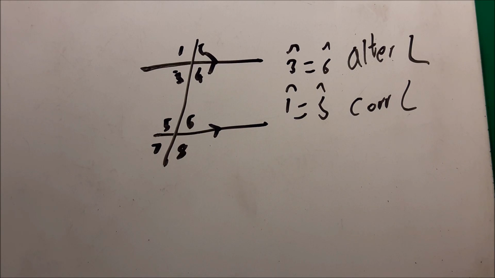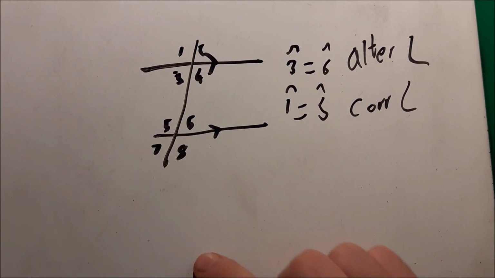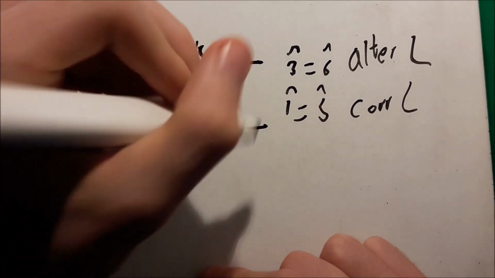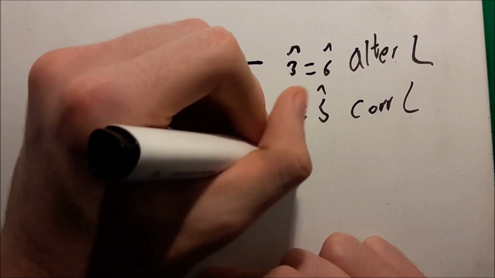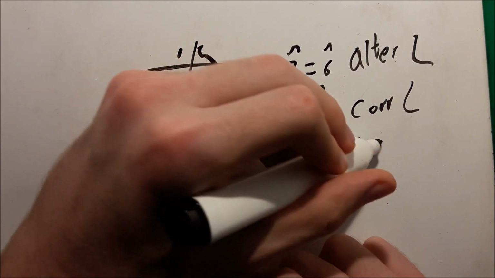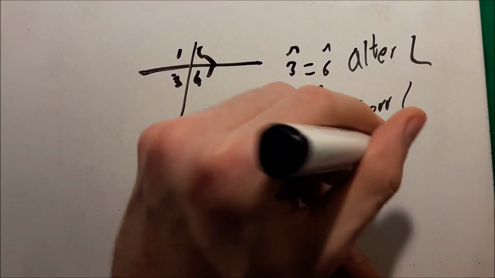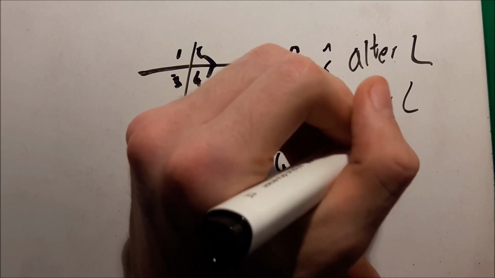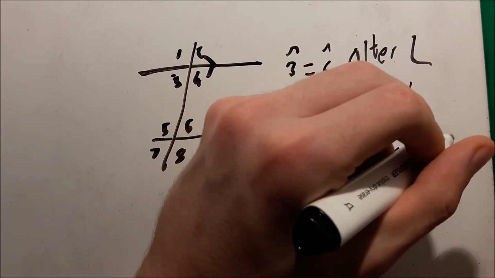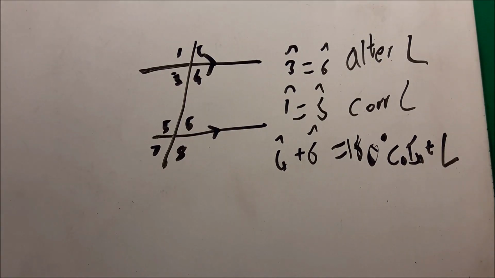Now we also get co-interior angles. So angle 4 plus angle 6 is equal to 180 degrees, and those are co-interior angles.